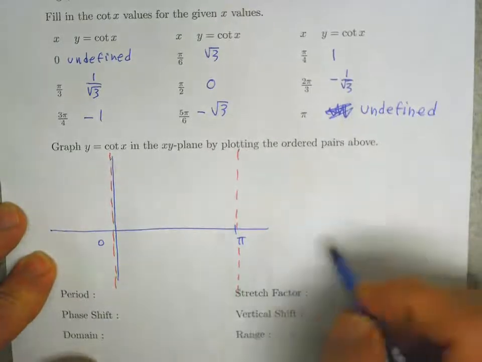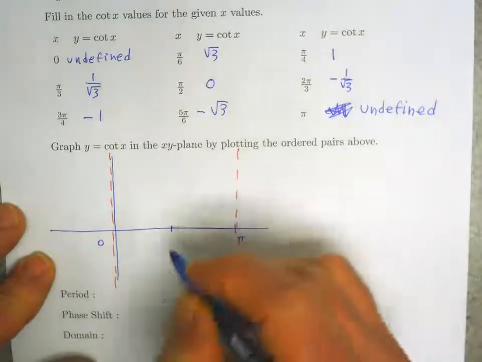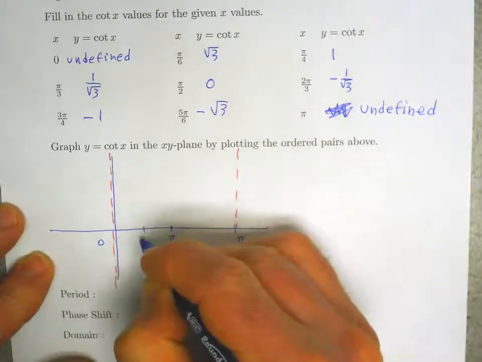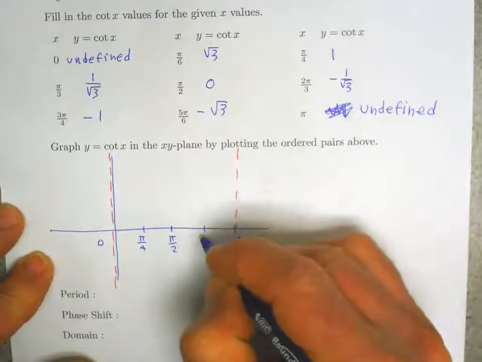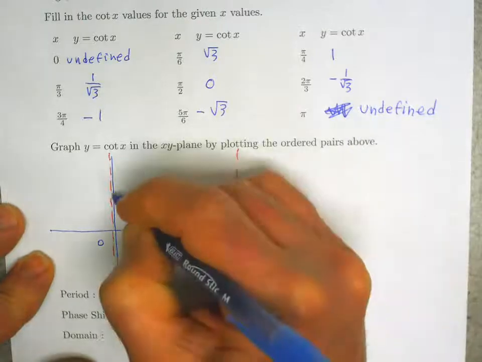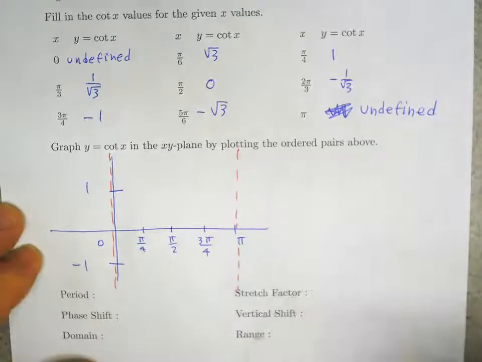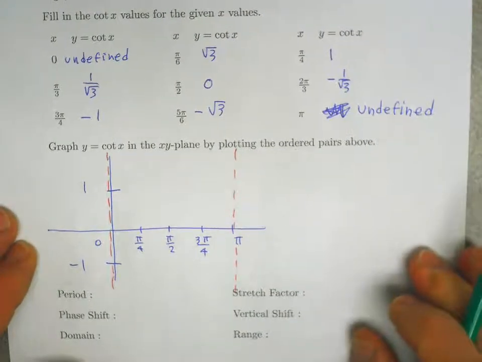We'll subdivide the interval from 0 to pi into 4 parts. Okay, then we'll plot the primary points.